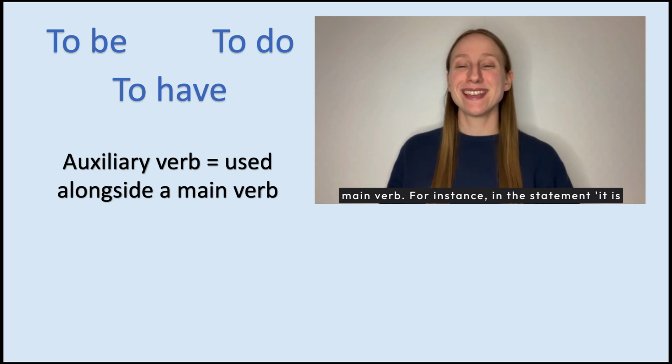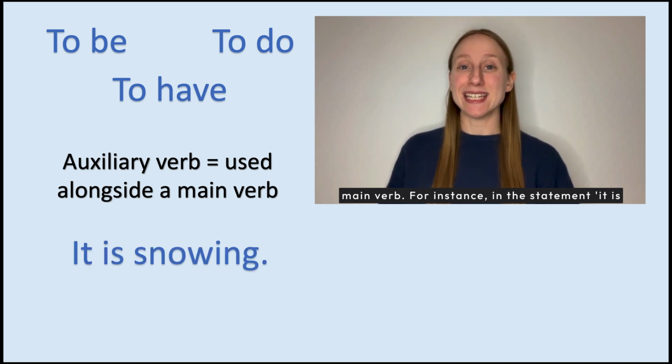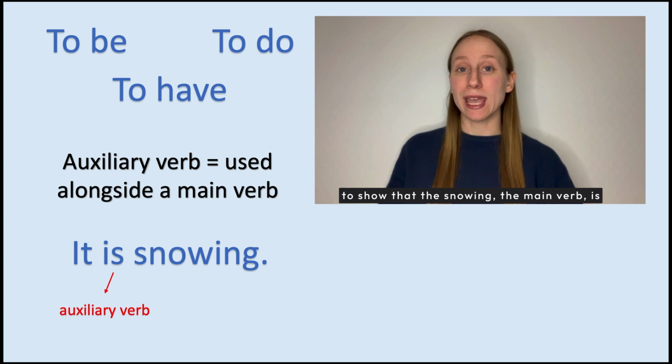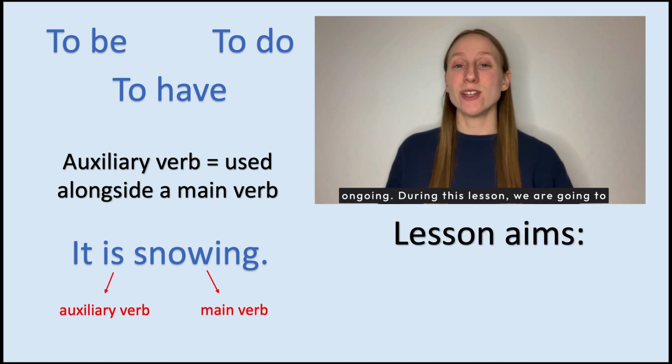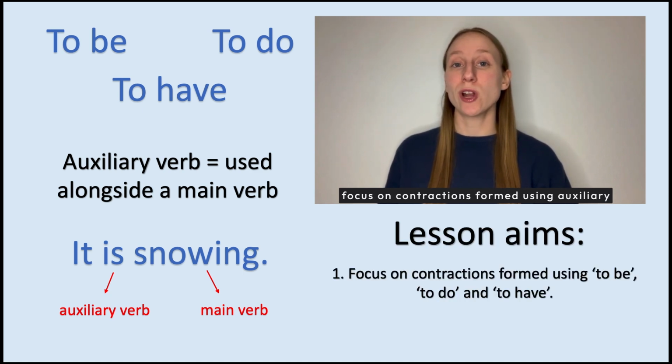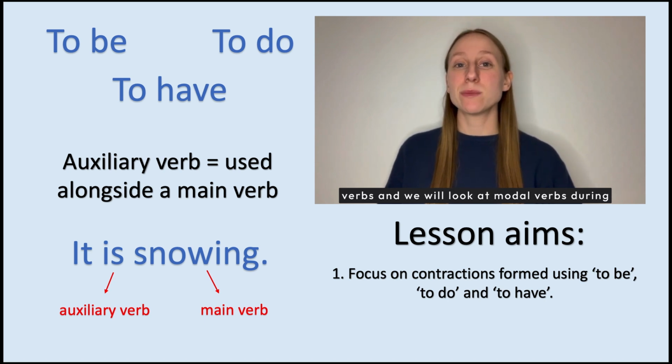For instance, in the statement "it is snowing," is functions as the auxiliary verb to show that the snowing, the main verb, is ongoing. During this lesson, we are going to focus on contractions formed using auxiliary verbs, and we will look at modal verbs during another lesson. This is because there is lots to learn and a bit too much for one lesson.